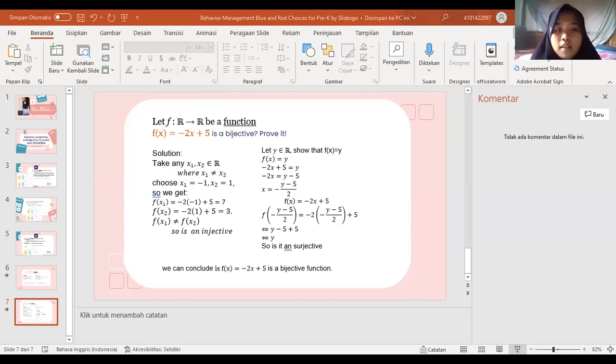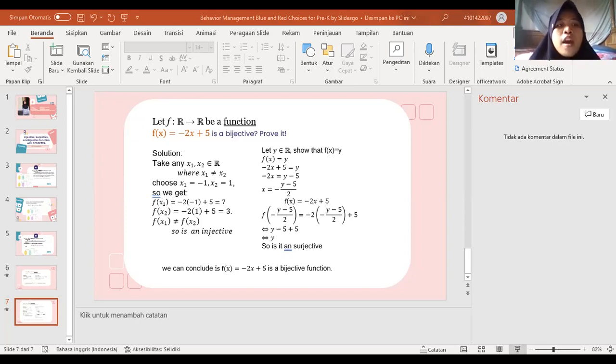Take any x1, x2 element R where x1 not equal x2. So we choose x1 equals negative 1 and x2 equals 1. We substitute x1 and x2 into f(x). So we get f(x1) equals negative 2 and f(x2) equals 0. So we have f(x1) not equal f(x2). Therefore, we can conclude f(x) equals x power 3 minus 1 is an injective function.